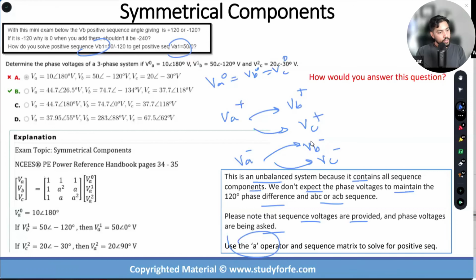Would it still be balanced if it had both positive and negative sequence? No. If you have both positive and negative, it's no longer balanced. For it to be balanced as an ABC sequence, it just needs a positive sequence. For it to be balanced as a negative sequence ACB, it should have only the negative sequence, with zero positive and zero zero-sequence.